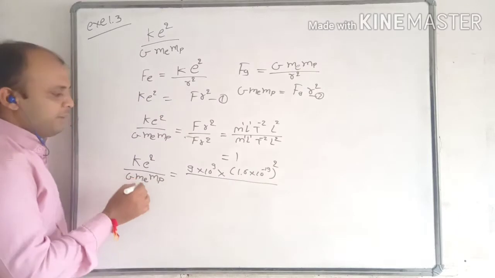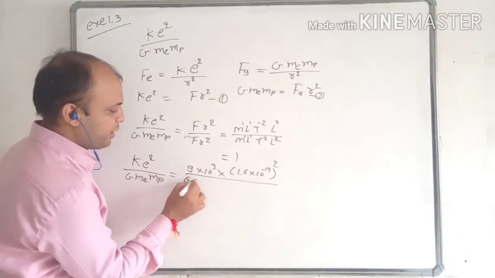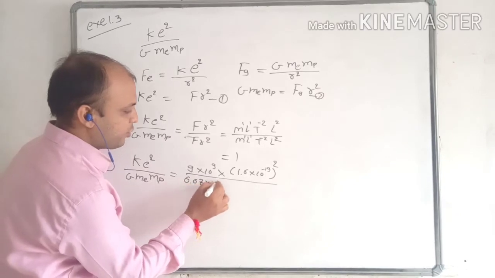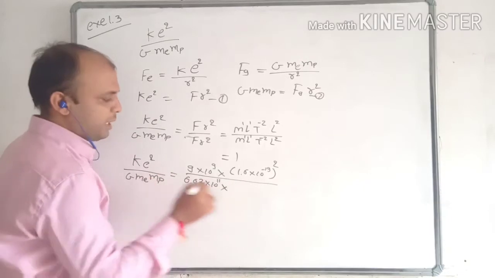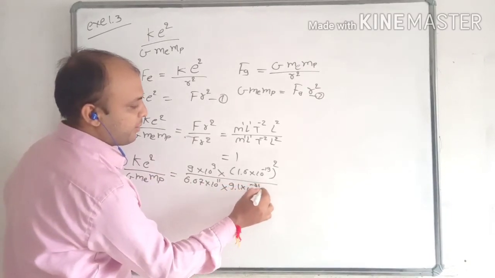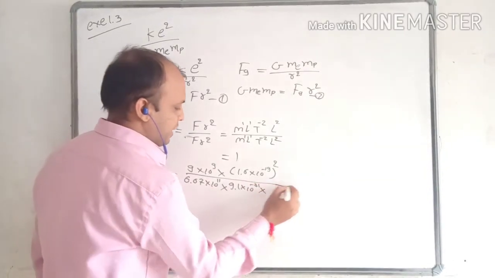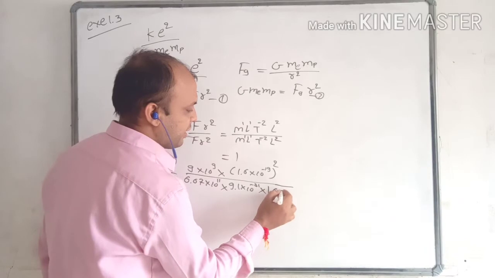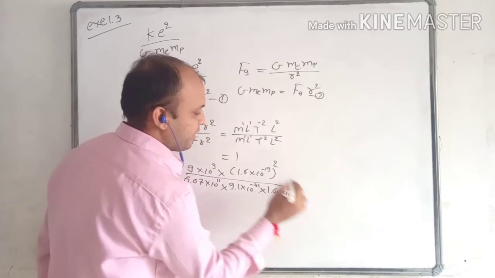G means gravitational constant, that is 6.67 into 10 raised to minus 11. me means mass of electron, that is 9.1 into 10 raised to minus 31, into mp, mass of proton, that is 1.66 into 10 raised to minus 27.